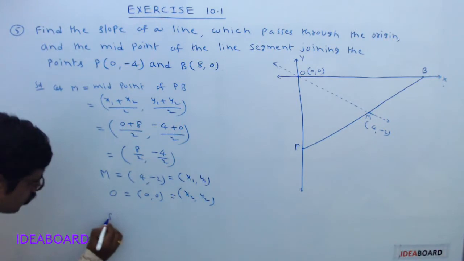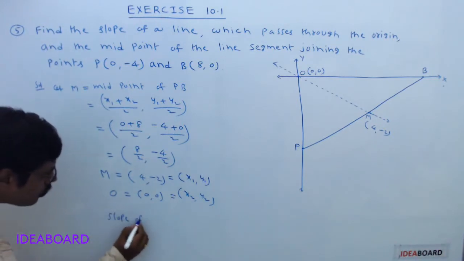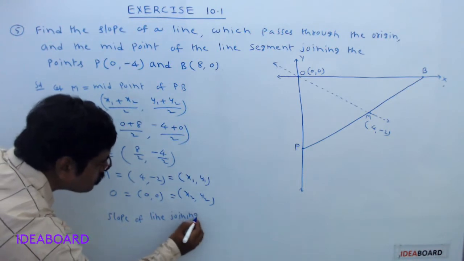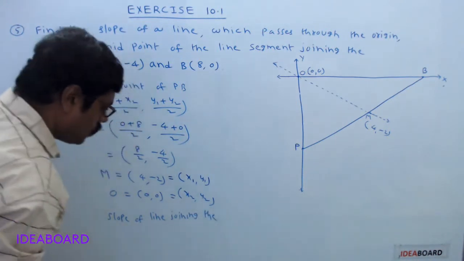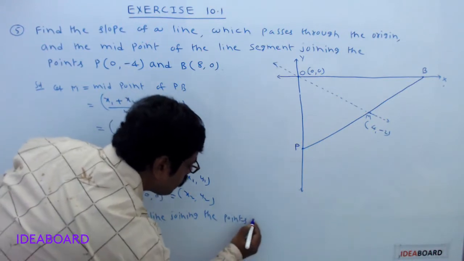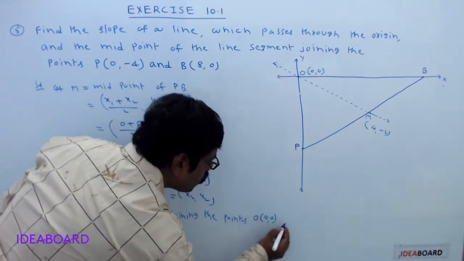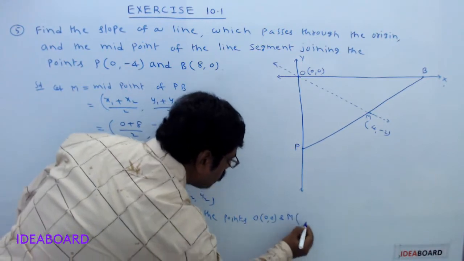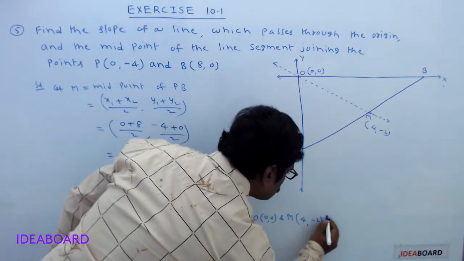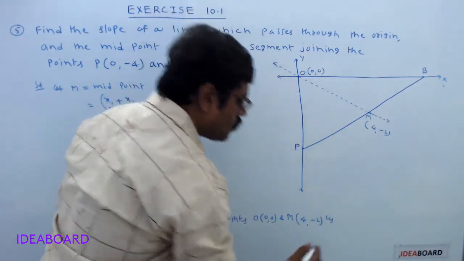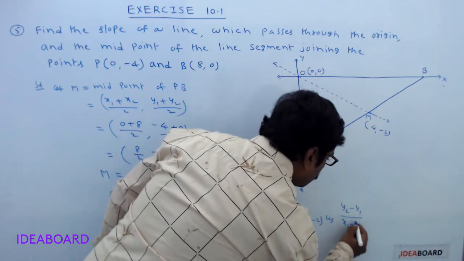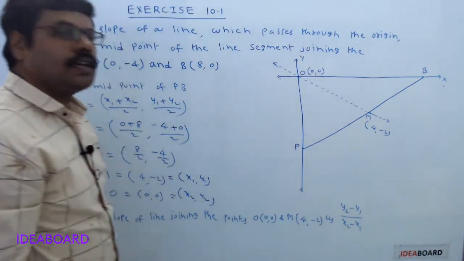Therefore slope of line joining the points O (0, 0) and M (4, -2) is, what is the formula? (y2 minus y1) divided by (x2 minus x1).